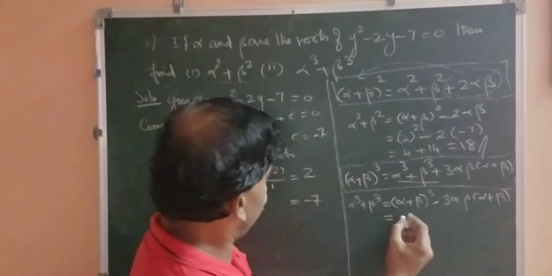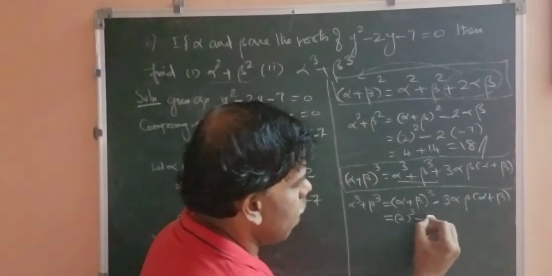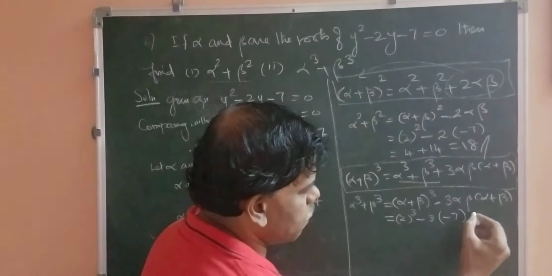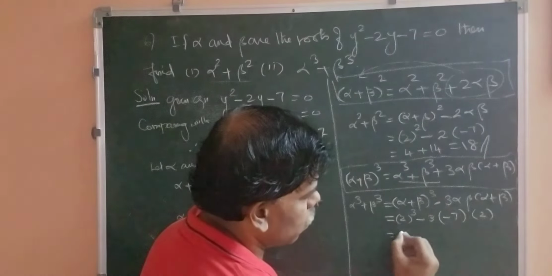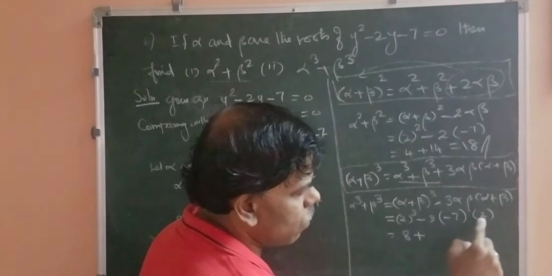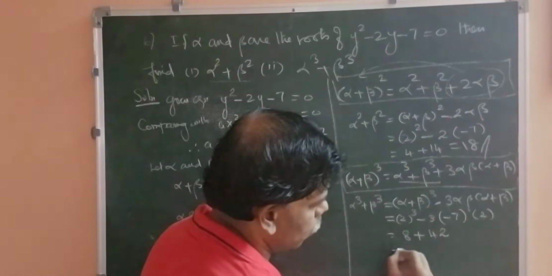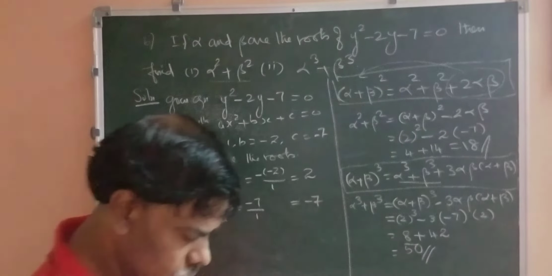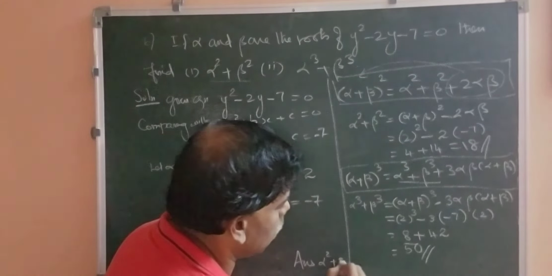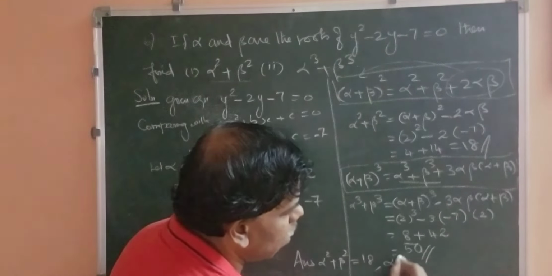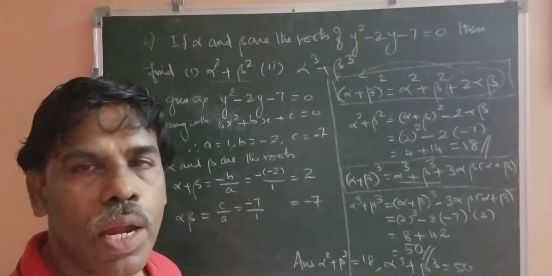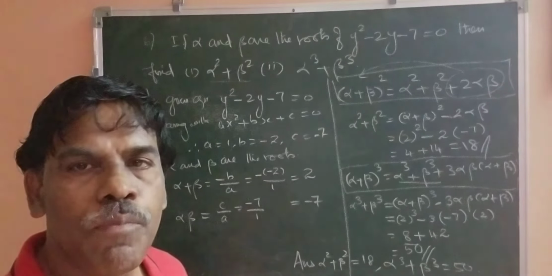Now what is this? 2 cube minus 3 into minus 7 into again alpha plus beta, 2. So 2 twos are 4, 4 twos are 8, minus into minus plus, 21 into 2 is 42, so 50. So you have got the answer: alpha square plus beta square equal to 18 and alpha cube plus beta cube equal to 50. In this way you can solve these very simple sums.